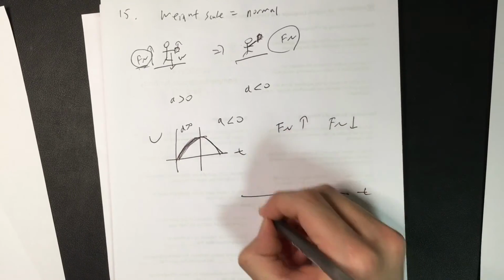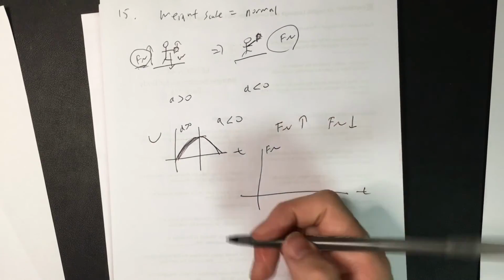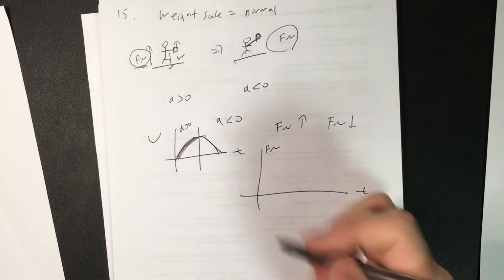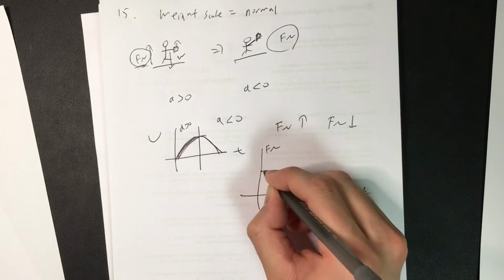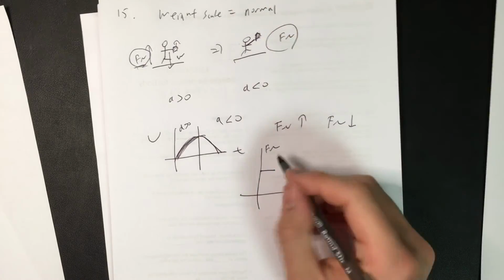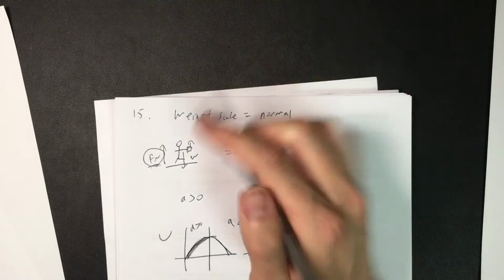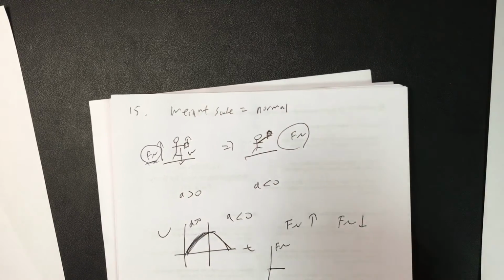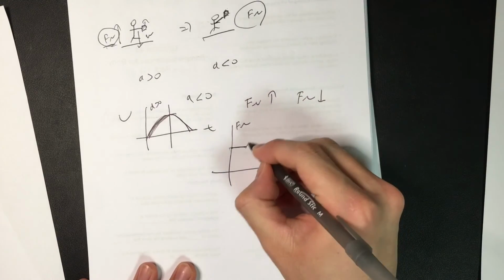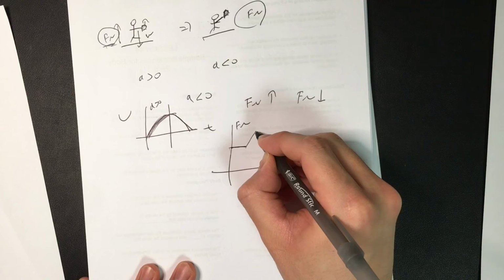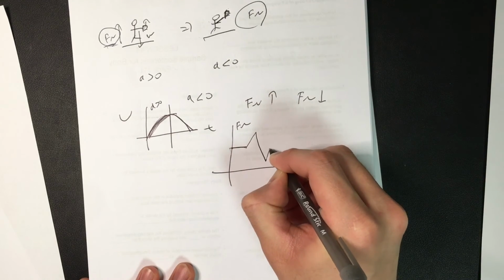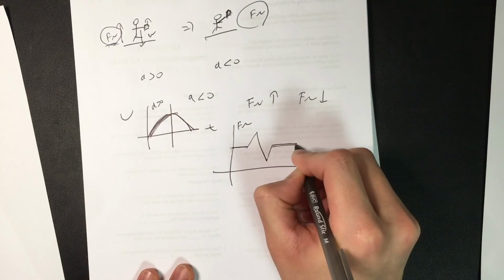And therefore, if I graph the normal force with respect to time, it is going to remain constant because initially the person is not moving, and then it is going to increase, that is when the book is accelerating, and then it is going to decrease like this, and then come back to this constant.